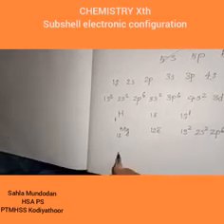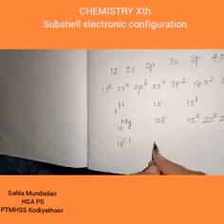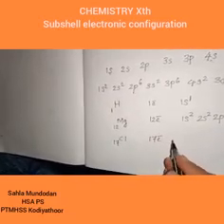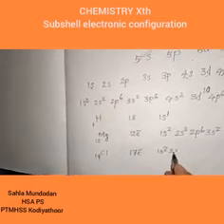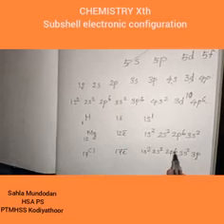This is the subshell electronic configuration of magnesium having atomic number 12. Then another example, chlorine 17. How many electrons? 17 electrons. We can write as 1s2, 2s2, 2p6, 3s2, then 3p, how many electrons? 2 plus 2, 4, 4 plus 6, 10, 10 plus 2, 12, then 5. 1s2, 2s2, 2p6, 3s2, 3p5.